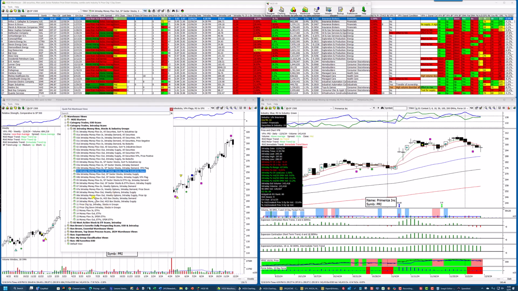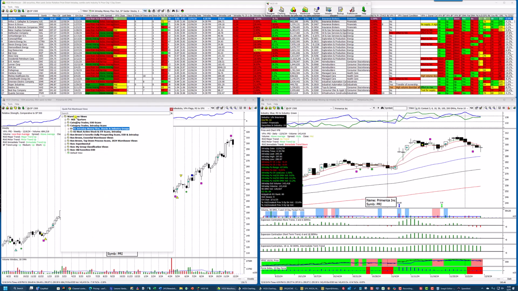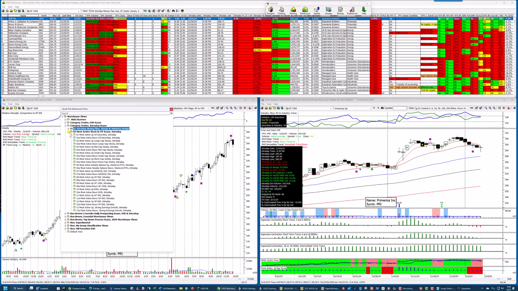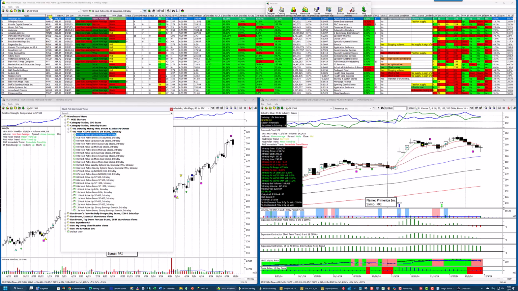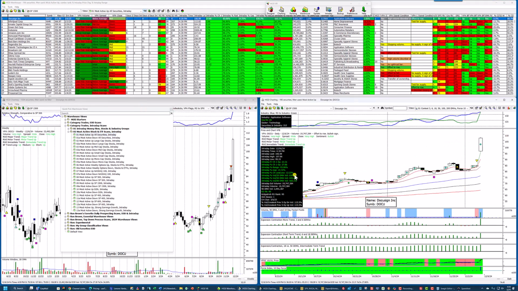This really will simplify the process if you concentrate on these scans, and I'll be talking about them more in the future. Now here is one more thing I'm going to talk about. These are the most active. This is all intraday. So today you can see DocuSign was the most active. Look at that volume compared to the normal volume. 600% greater on the 20 and 560% on the 90-day.